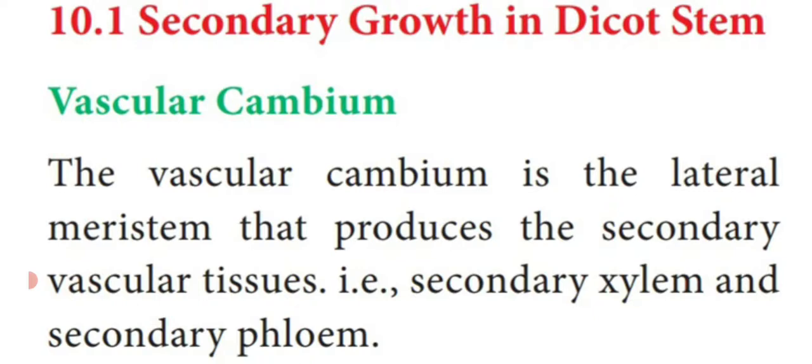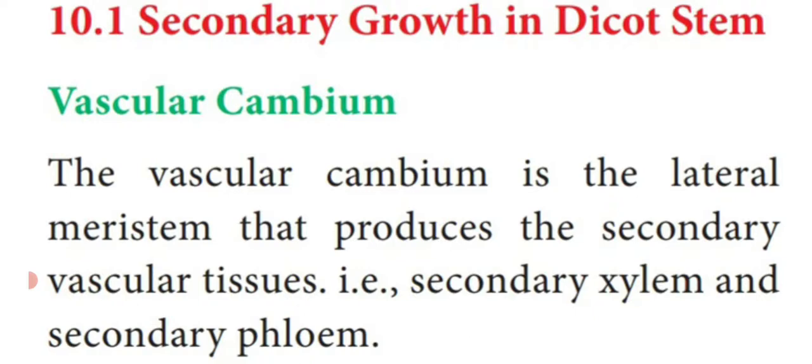Dear students, in the previous lesson, we have seen vascular tissue system consists of xylem and phloem. These tissues are arranged in the groups that is called vascular bundles. So, these vascular bundles contain xylem and phloem. They are produced from the procambium.